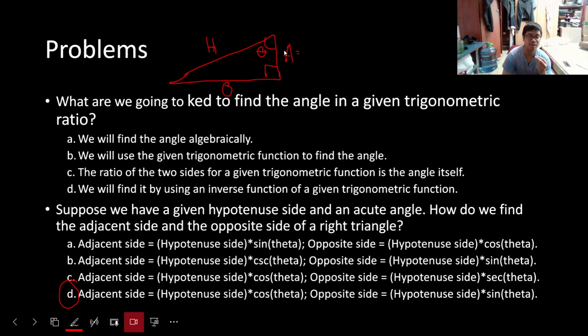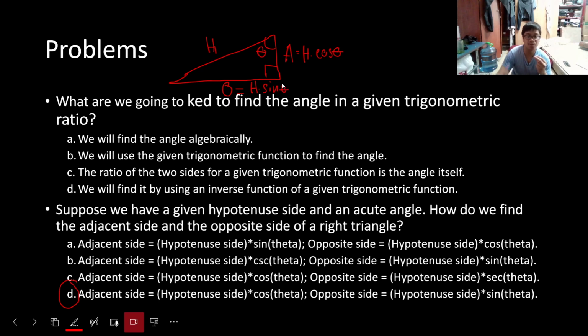And remember that in here, if you're going to find the length of the adjacent, you will still multiply the hypotenuse by cosine theta. And the same thing goes here for the opposite. We will do the same thing, times sine theta.